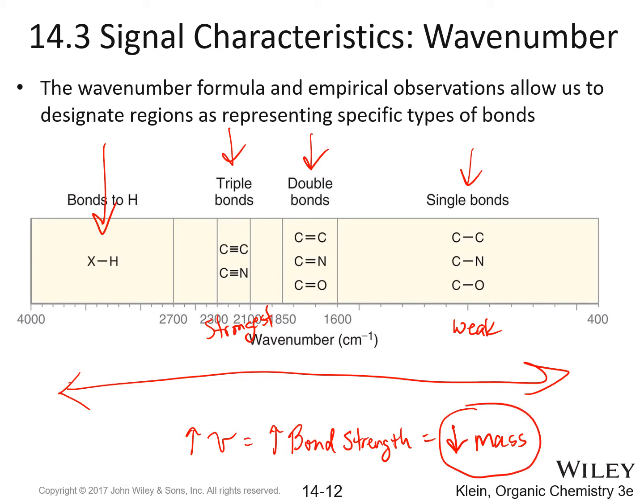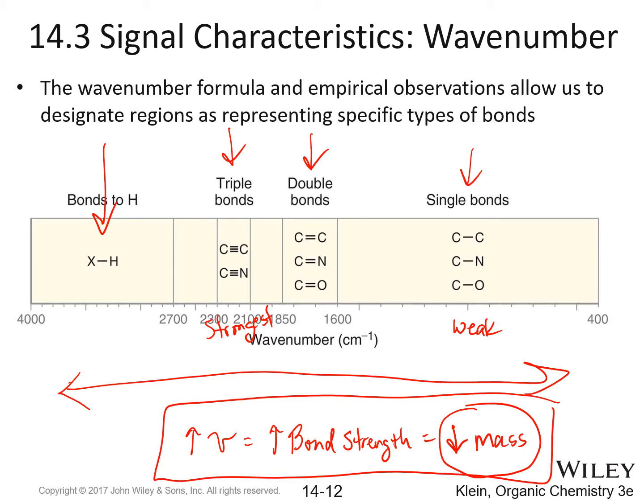It's a very light atom. So based on the equation from the previous slide, we established this relationship, and we can understand why single bonds have the lowest frequency, then double, then triple, and then finally why anything bonded to a hydrogen will have such a high wave number because of hydrogen's small mass.